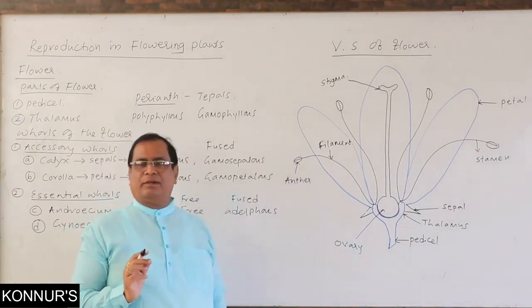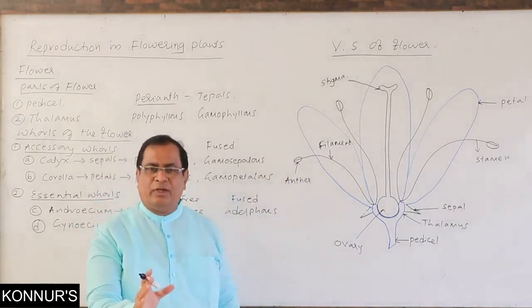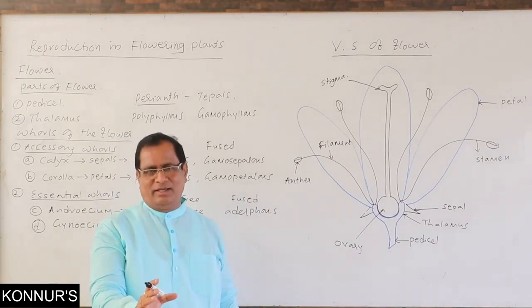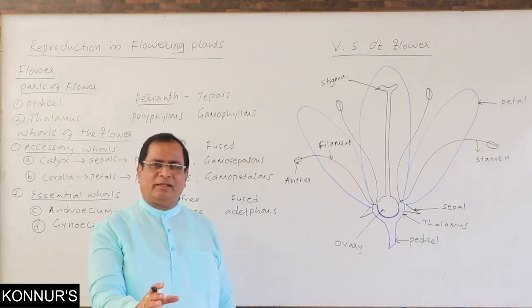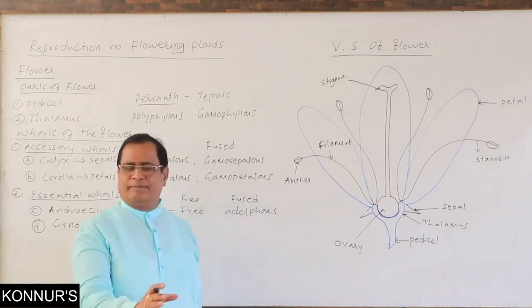In the anther there is production of pollen grains, and pollen grains are the carriers of male gametes.